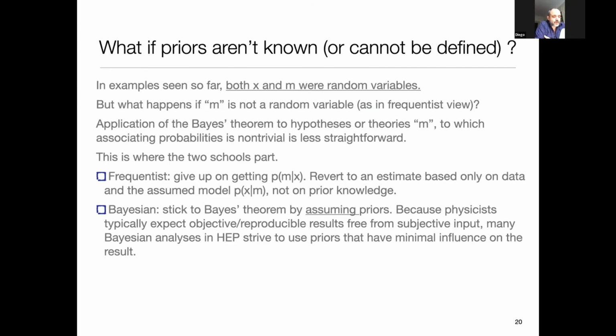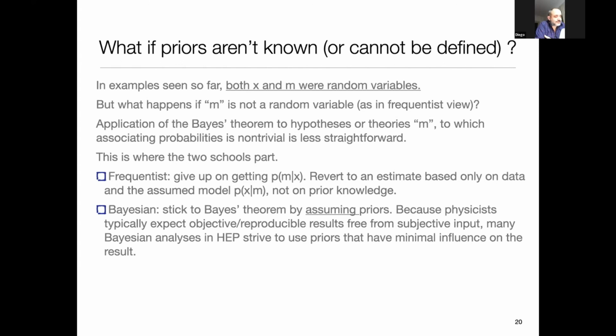Or even worse, what do you do when priors cannot be defined because, for instance, your parameter M in frequentist theory is not something that can be repeated.